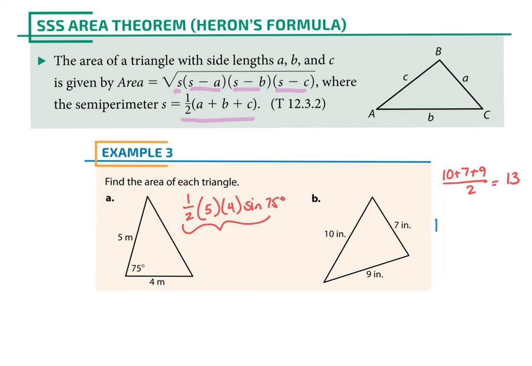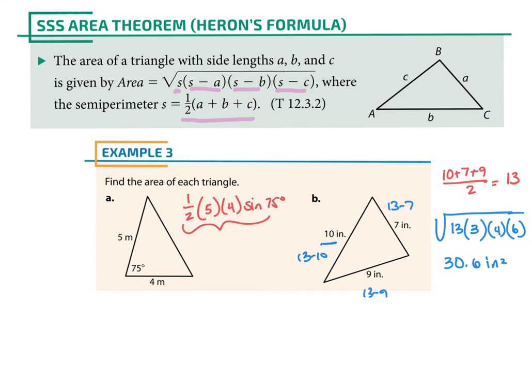I'm going to say my area for this one is going to be the 13, the 13 times 13 minus 10. What's 13 minus 10? 3, right? And then 13 minus 9, so times 4. And then 13 minus 7, 6. And that will give you the area if you have all three sides.